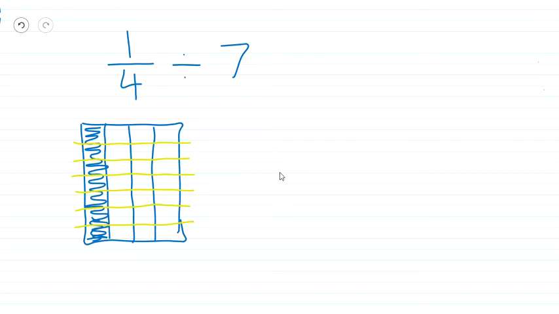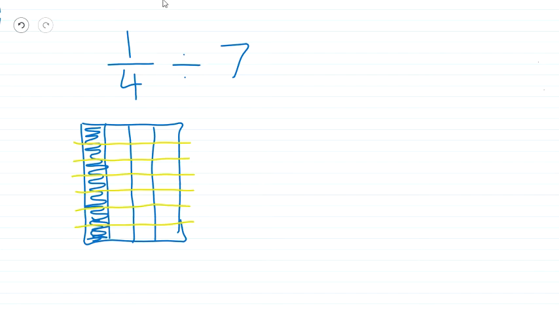Now let's figure out what our answer is. The first thing we have to figure out is our denominator, and we figure out our denominator by counting all these small pieces, all the little pieces right here, right? So you can count it individually: 1, 2, 3, 4, 5, 6, 7, 8, 9, 10, 11, 12, 13, 14, 15, 16, 17, 18, 19, 20, 21, 22, 23, 24, 25, 26, 27, 28.